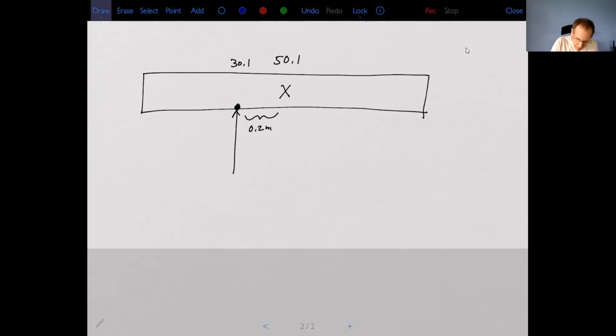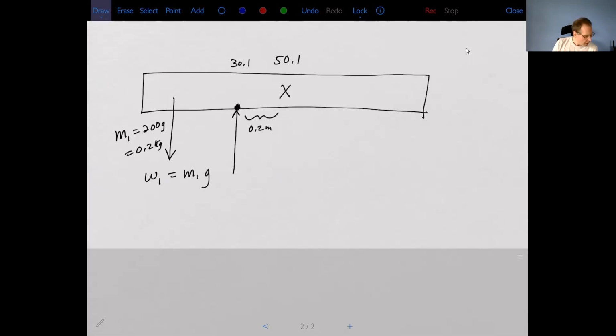Then I hung 200 grams. I'll call this M1, 200 grams, which is the same as 0.2 kilograms. And that is going to give me a force, which is the weight. How do I get that? I just multiply M1 times g. So 0.2 times 9.8 is the actual force.